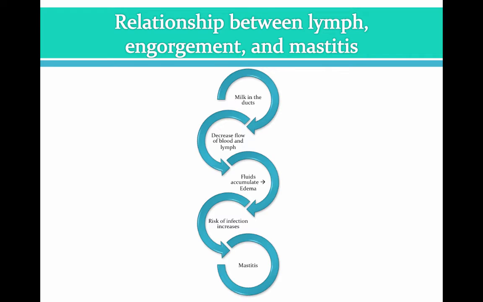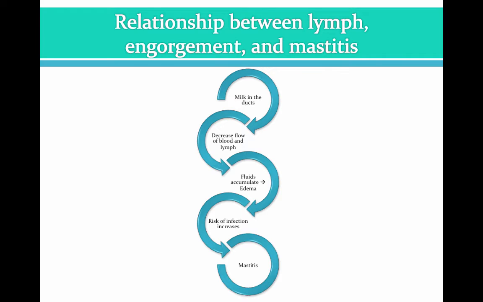So the increased pressure from milk in the ducts decreases the flow of blood and lymph, and then they accumulate, cause edema, and then the lymphatic system isn't moving to get the bacteria out of the milk ducts. And so instead, the lymphatic system is kind of standing still here, and the breast cannot remove bacteria and cell particles adequately, and so there's poor drainage of the ducts and the alveoli.